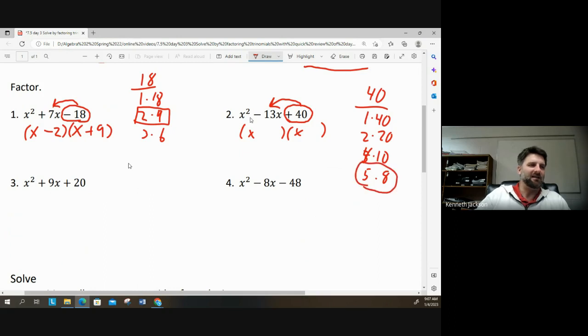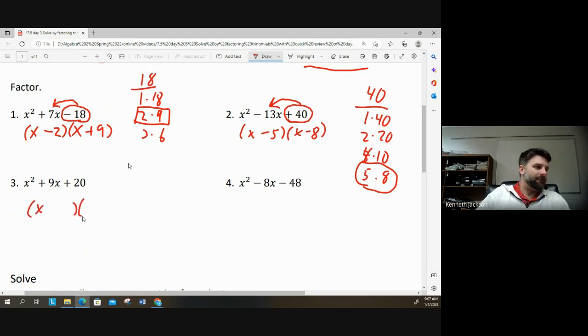That'd be 5 and 8. Minus 5 minus 8. Now you might say, wait a minute, I thought the signs had to be opposite. Well, that's if they're going to subtract. Signs that are opposite will make numbers subtract. Signs that are the same will make the numbers add. Same sign, add and keep, different sign, subtract.